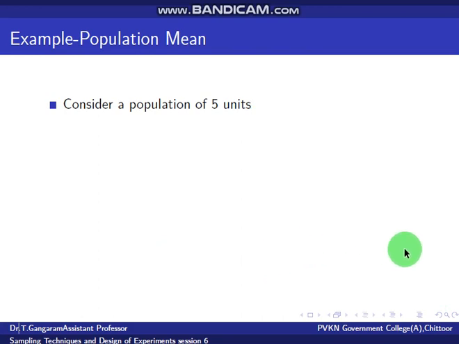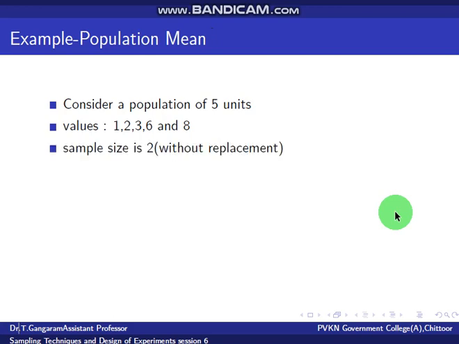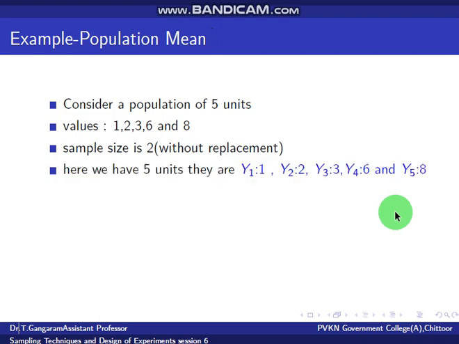Let us consider this through a numerical example, first for the population mean. Values are 1, 2, 3, 6 and 8. These are the 5 population units. We have to draw a sample of size 2 without replacement.